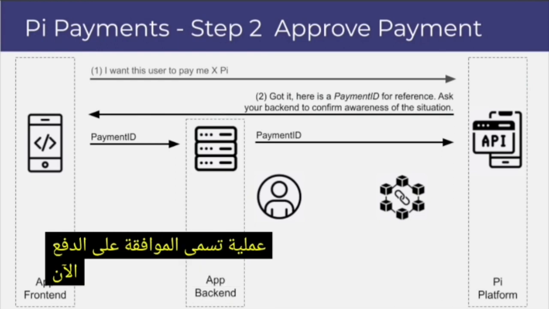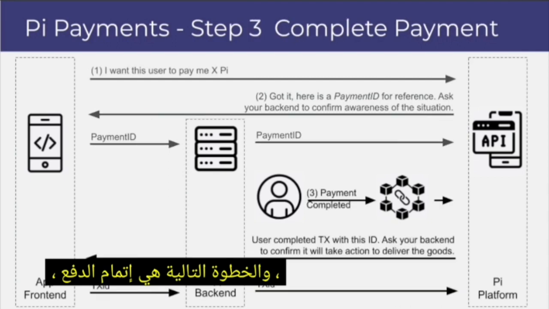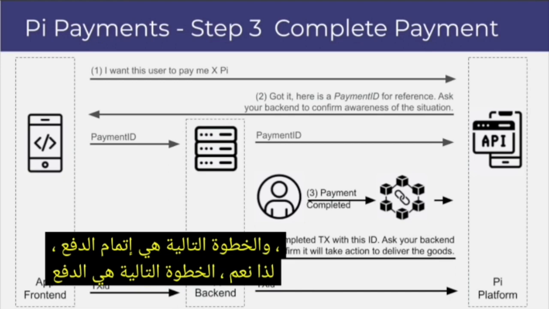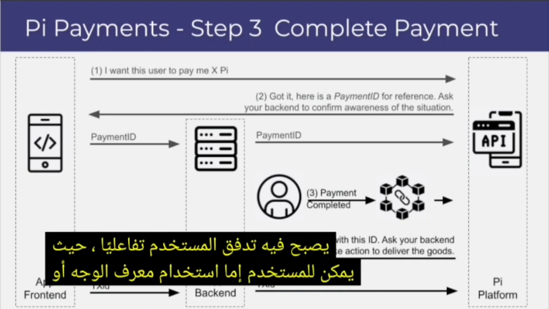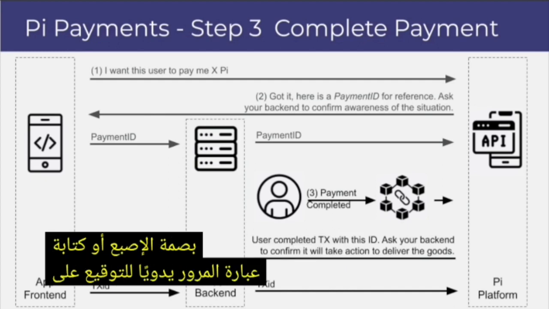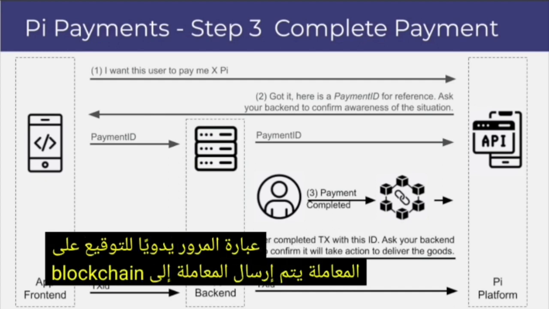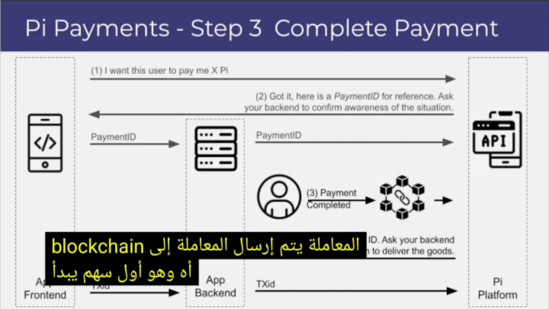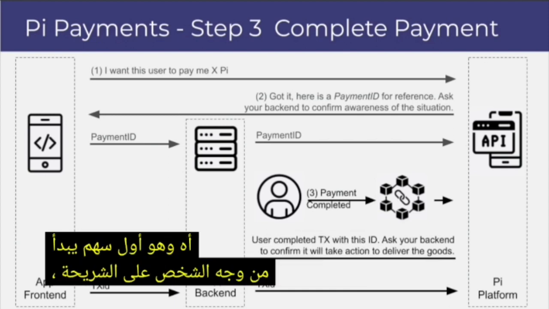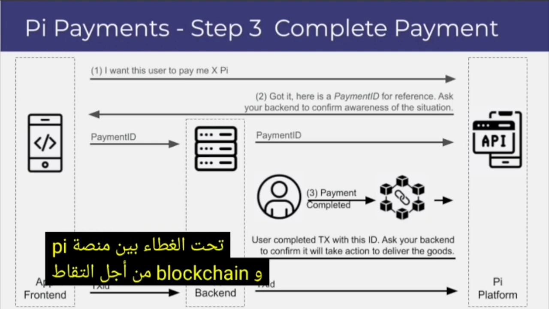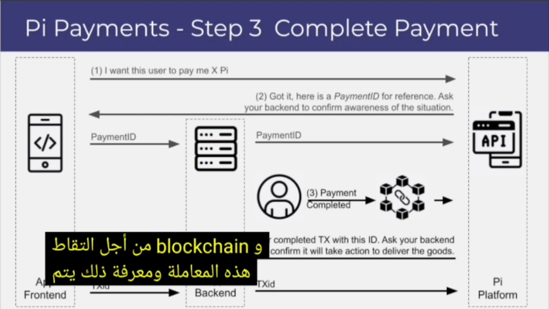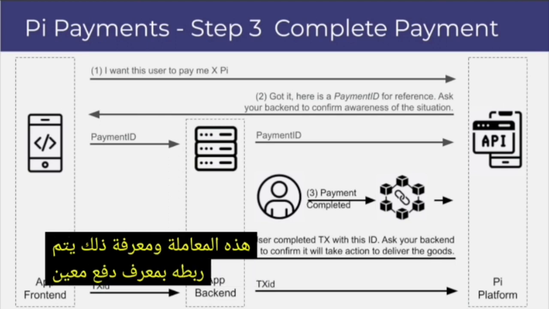Now, the next step is payment completion, and this is where the user flow becomes interactive. This is where the user gets to either use Face ID or fingerprint or manually type their passphrase to sign the transaction. The transaction gets sent to the blockchain, which is the first arrow starting from the person's face icon on the slide. There is some interaction that is hidden under the hood between the Pi platform and the blockchain in order to pick up this transaction and know that it is linked with a given payment ID.